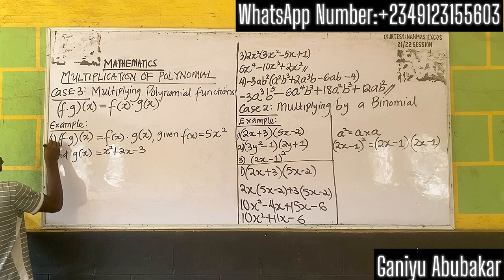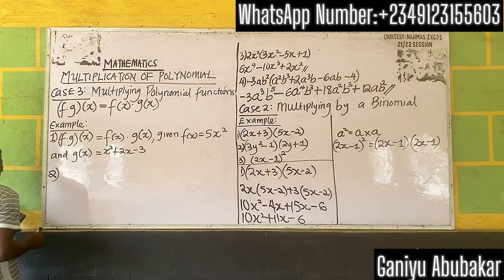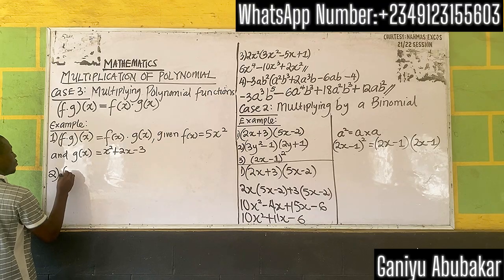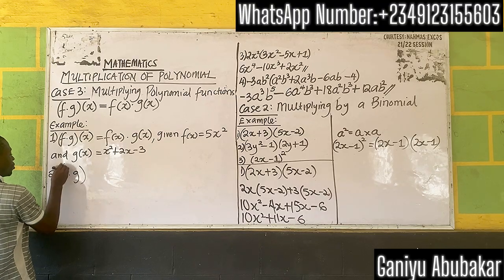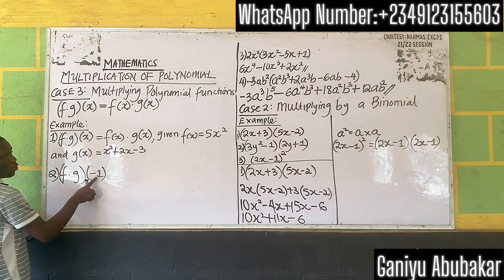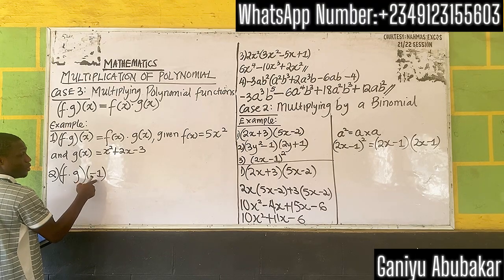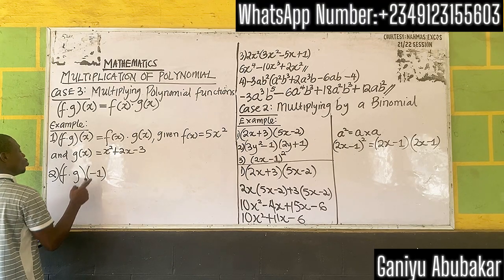Number 2, I have (f·g)(-1). So you should know what the minus 1 means when we do addition of polynomials.